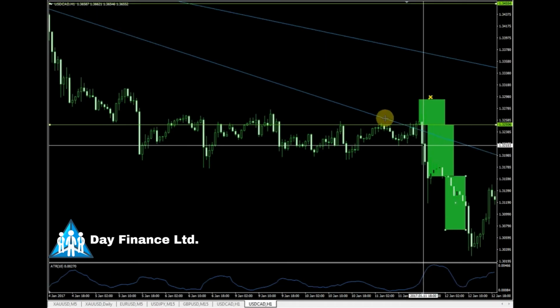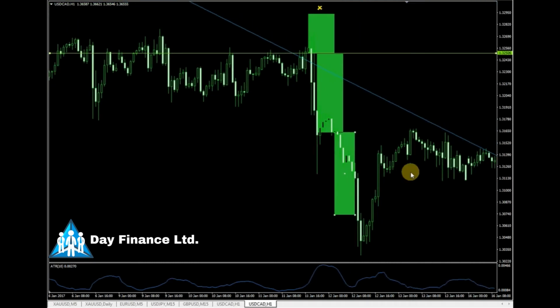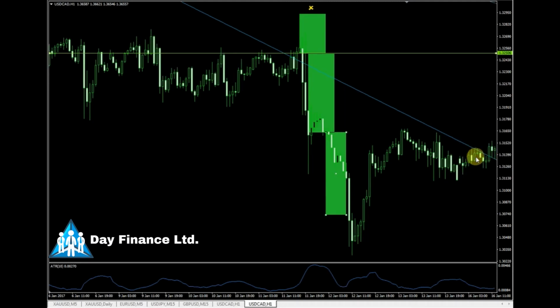Okay, so then we have the third touch here, so I can risk that. I would risk that for sure. I have this candle, this back candle here.